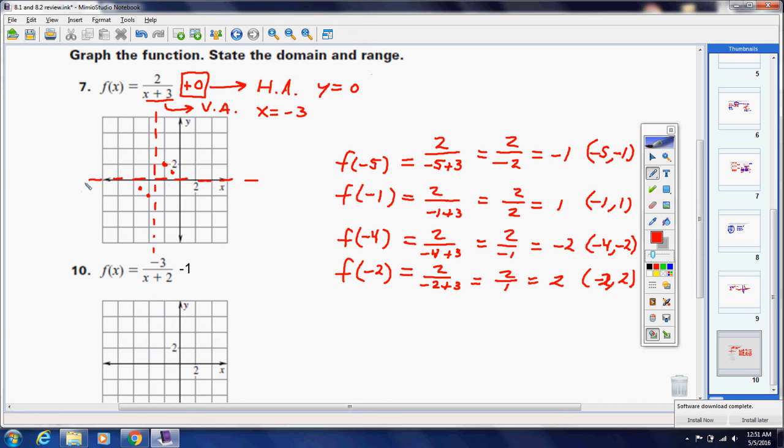So I'll try and sketch this in. Out here, we are really close to the horizontal asymptote. We go through these 2 points here, and then we get really close to the vertical asymptote there. And then on this side, we get really close to the vertical asymptote, go through those 2 points, and we get really close to the horizontal asymptote.